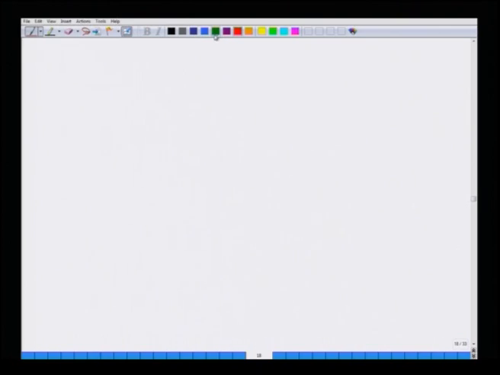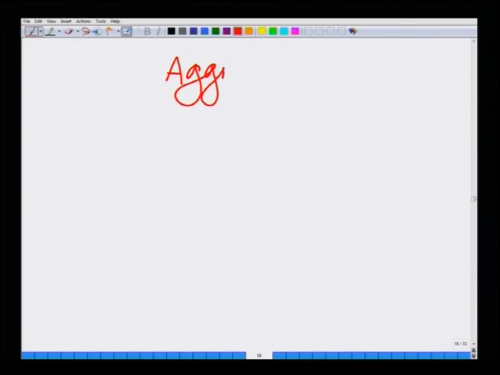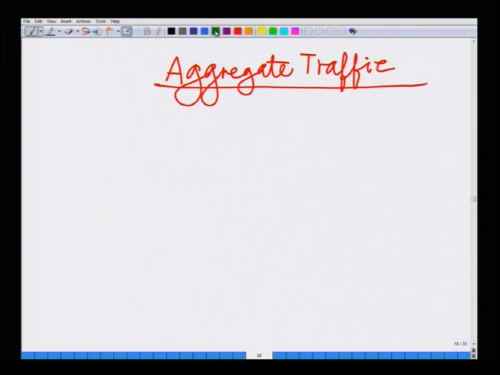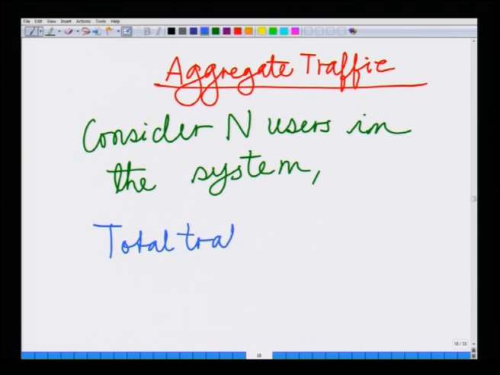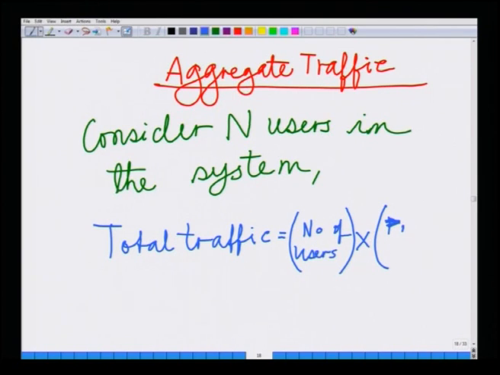Now, we can compute the aggregate traffic, which is the traffic given a large number of users. Consider n users in the system, then the total traffic is nothing but the number of users into the traffic per user.